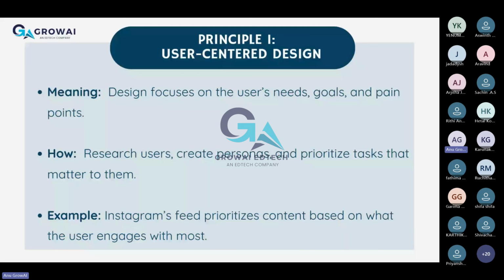They are following this principle of user-centered design: what is the goal, what is the main need of the user? That is how they impress users and bring them back to their application.